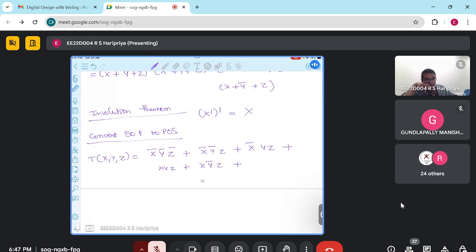If this is the expression, then what will be its POS? So this is 000, which is equal to the decimal equivalent 0, decimal equivalent 1, decimal equivalent 3. Yes, any doubts?